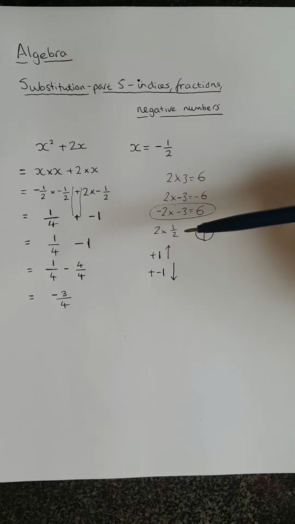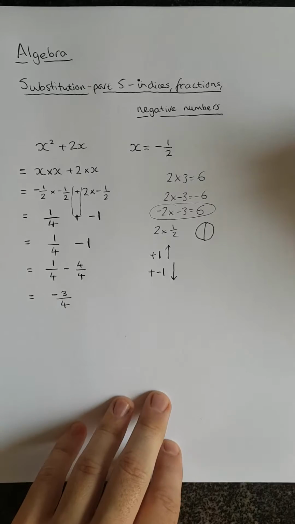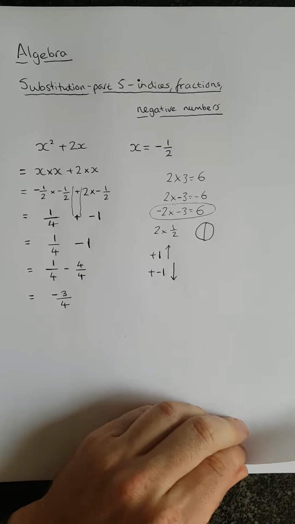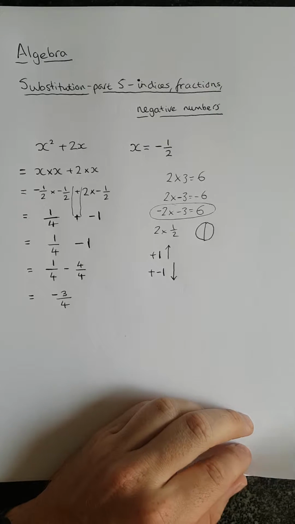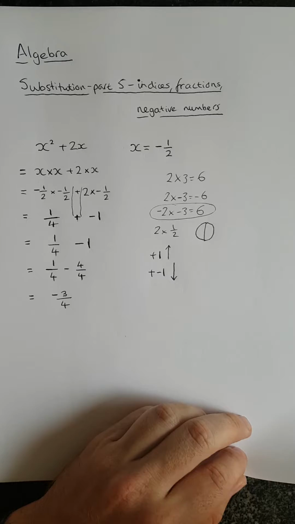Lots of work in here on fractions, lots of work in here on negatives. These are tricky questions. We're talking about the real fiddly GCSE skills. We're going to tackle one more question, a really difficult one, but slowly, with negatives, fractions and indices.